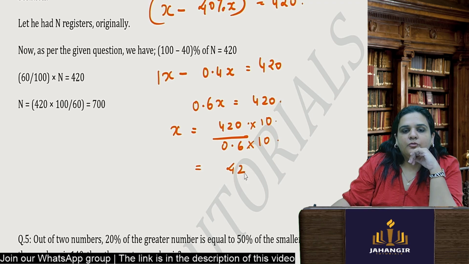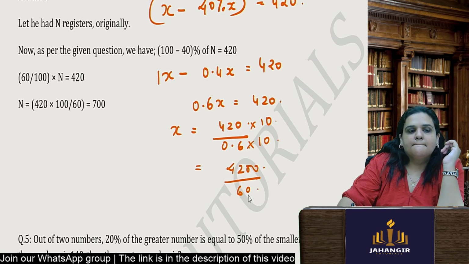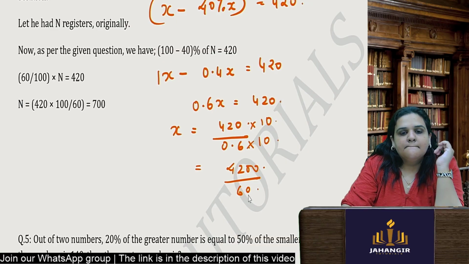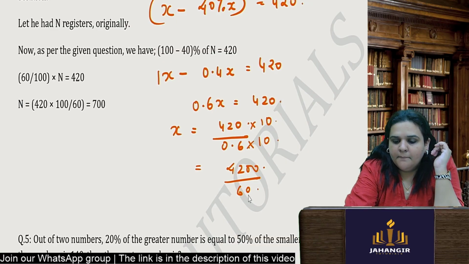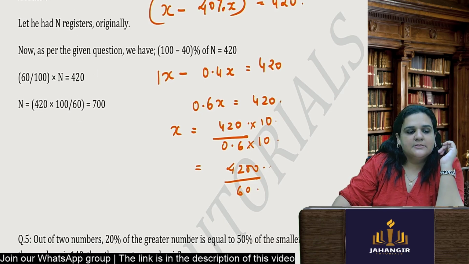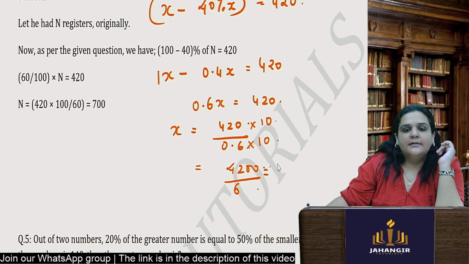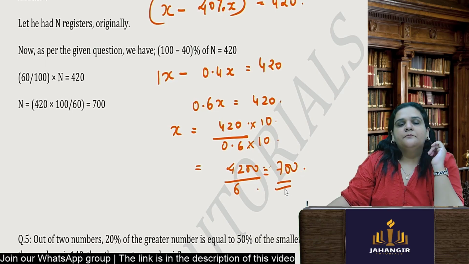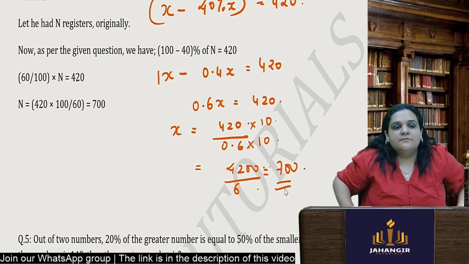So 4200 upon 60. No, 4200 upon 6, not 60. So you will get the answer as 700. So total registers were 700.